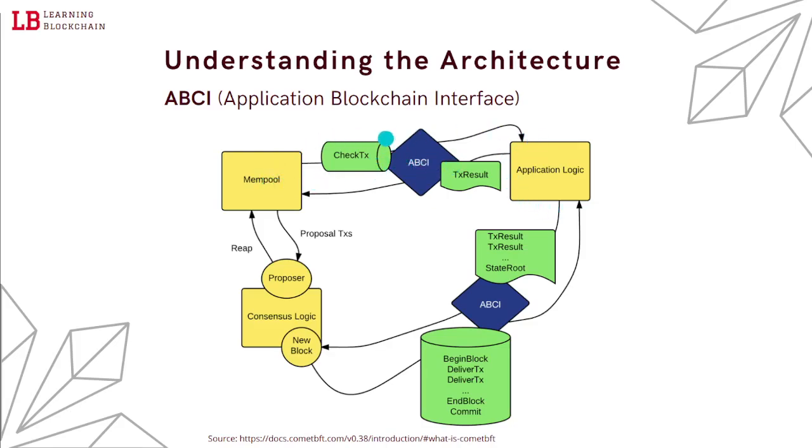For example, in this case, a new transaction is submitted by a user, so the CheckTx ABCI method is called, sending the transaction to the application to check it, and the application returns a result, and the same for submitting a new block. But we will dive deeper into this in Module 3.